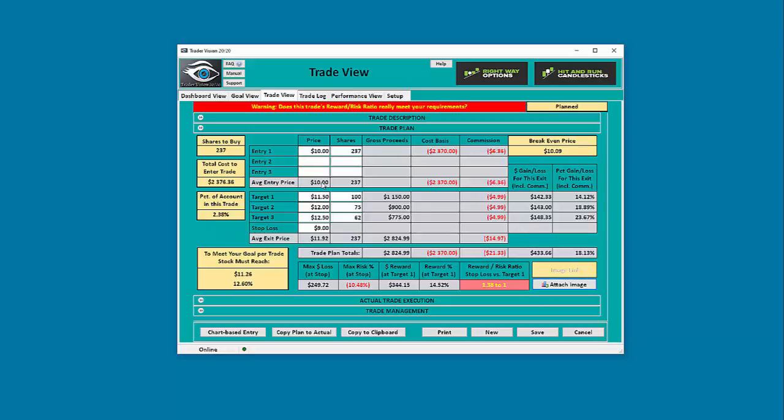If we were happy with this plan and we wanted to copy these prices and shares to the actual execution section, we could just click Copy Plan to Actual.